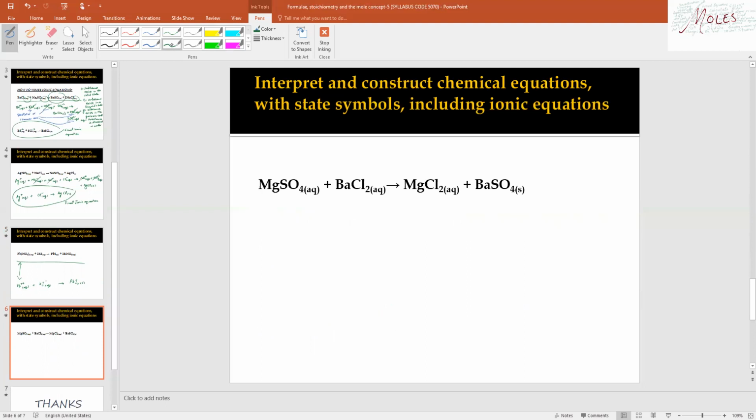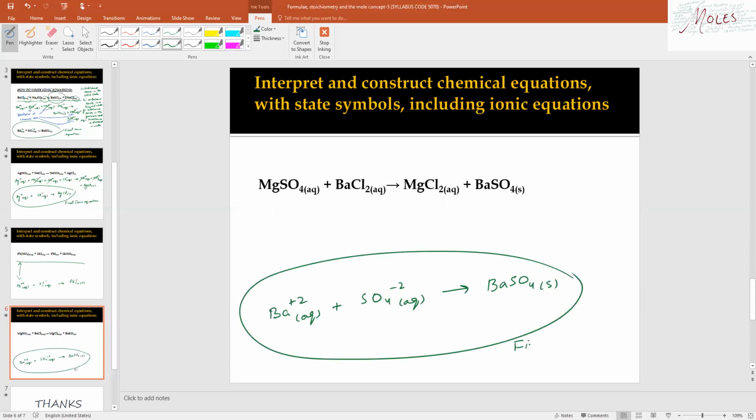For the last equation, this is the final ionic equation. Do these by yourself.